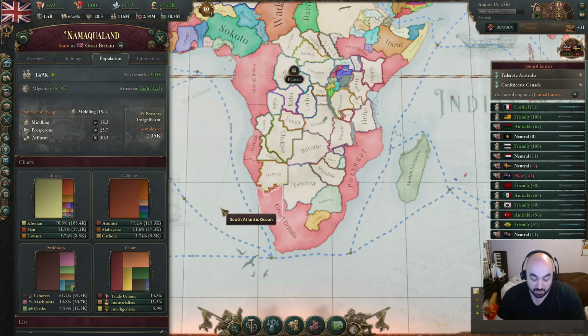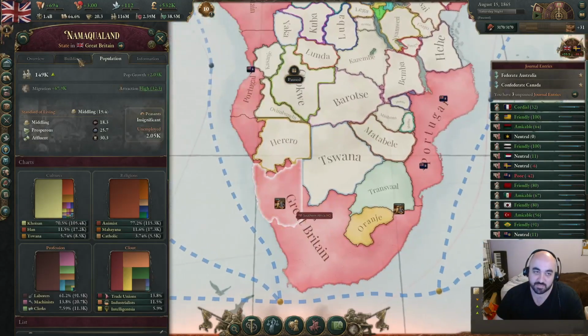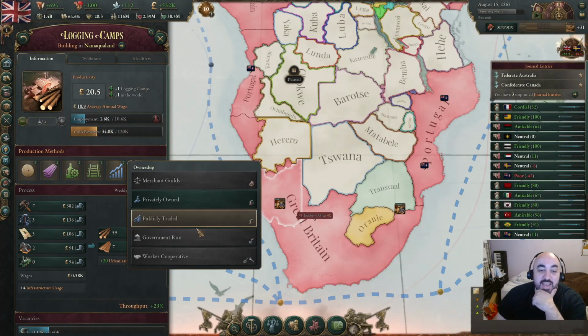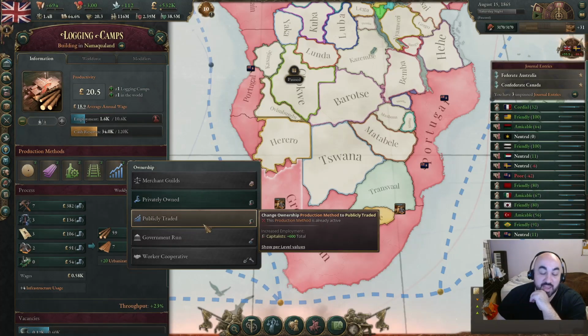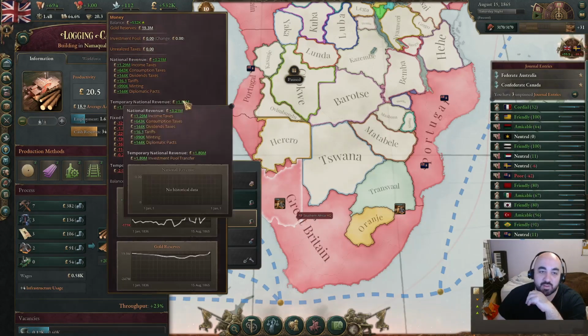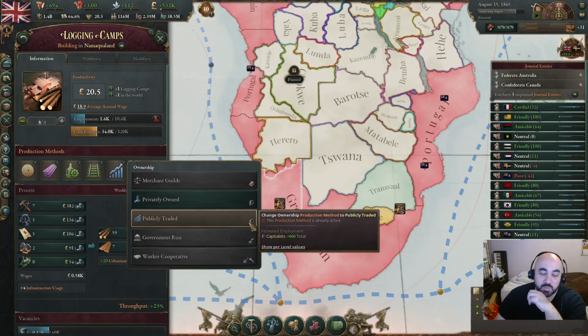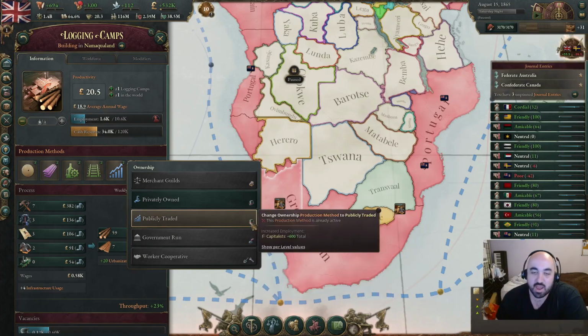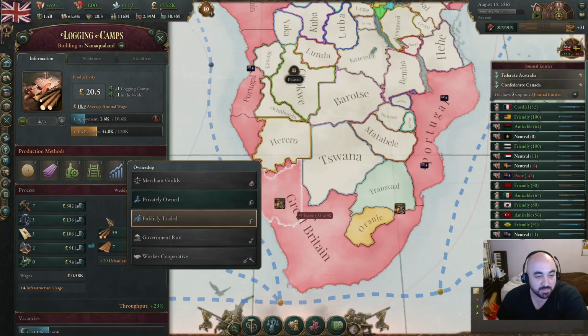And I have a couple more notes. Investment pool contribution is another interesting one. So in general, in unincorporated states, and I don't know necessarily the best way to push this, but you are still, in a sense, making income from capitalists in unincorporated states, because they are still paying into the investment pool contribution based on how profitable the buildings are. And so in unincorporated states, you would prefer the capitalists make a ton of money and the non-capitalists make less money.